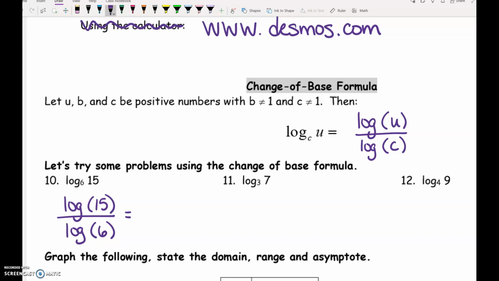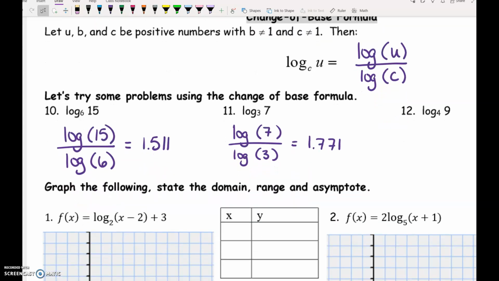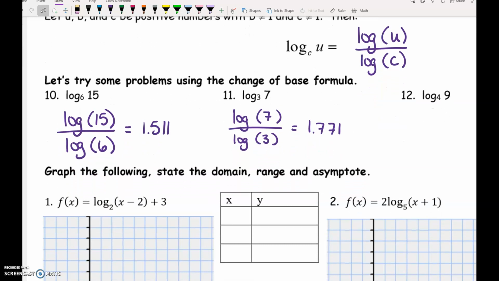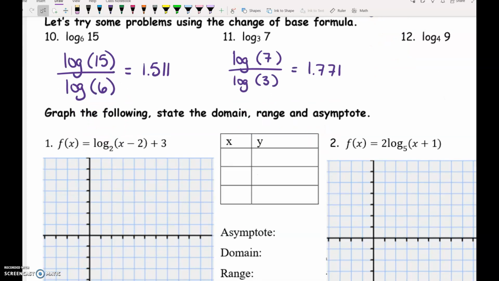Make sure our parentheses are closed. You should get 1.511. Why don't you try number 11 on your own? It would be log of 7 divided by log of 3, 1.771.